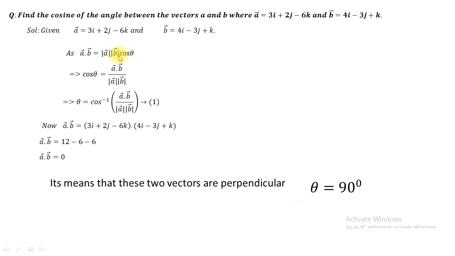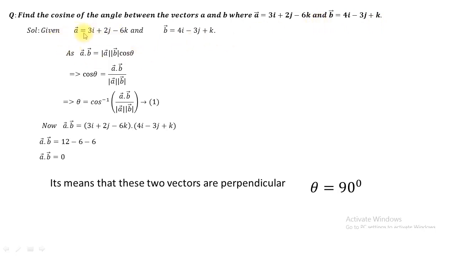Now another problem: to find the cosine of the angle between two vectors A and B, where A is equal to 3i plus 2j minus 6k, and B is equal to 4i minus 3j plus 4k.